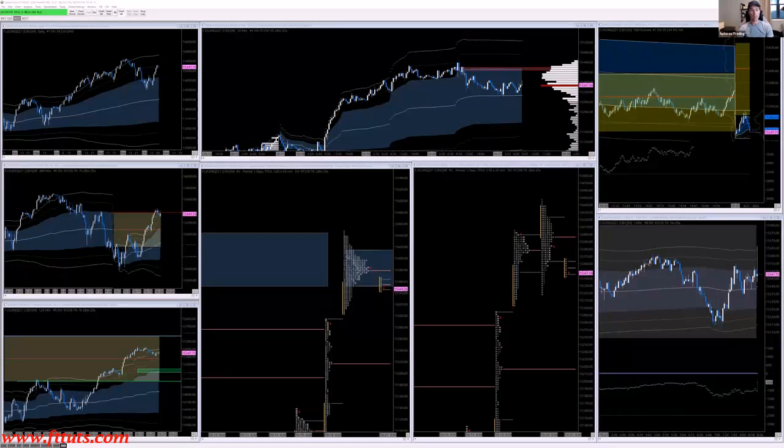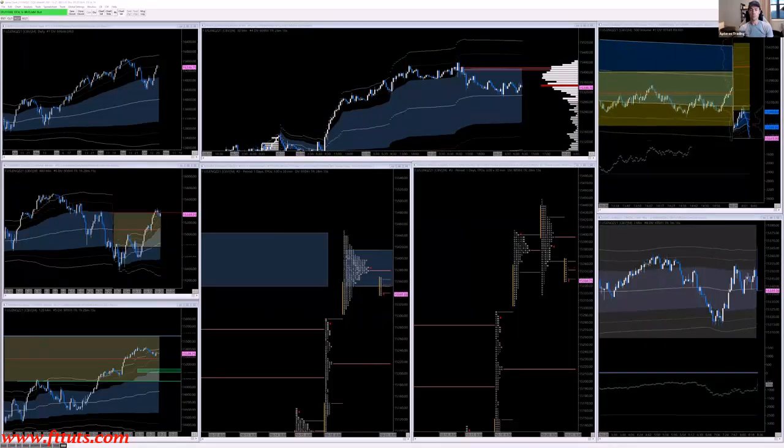Just a little stop run above the overnight area. Peel some off. Into VWAP there. NASDAQ, it's fast and furious.